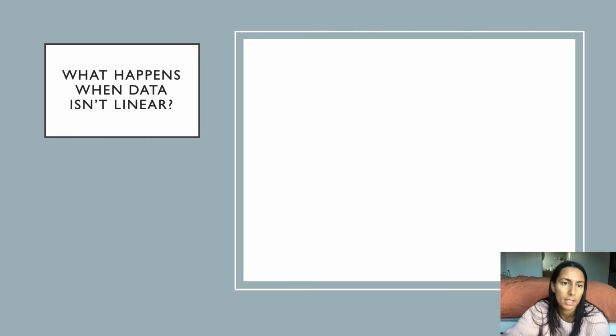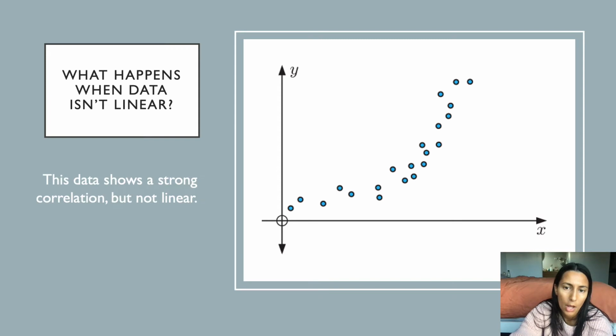So what happens when the data isn't linear? A graph like this, we can see that it probably has more of an exponential trend. So it still has a strong correlation. If we were to calculate just our R value and our R squared, it would still show that it has a strong correlation, but it's not actually linear.